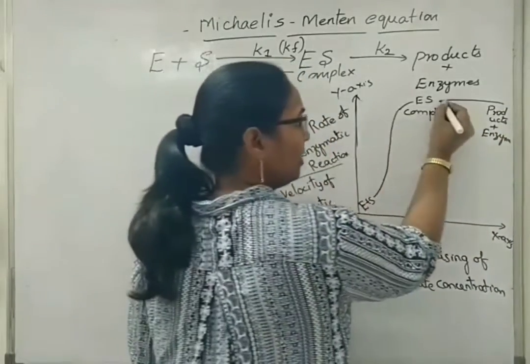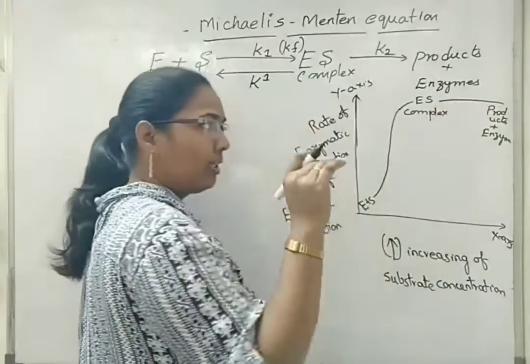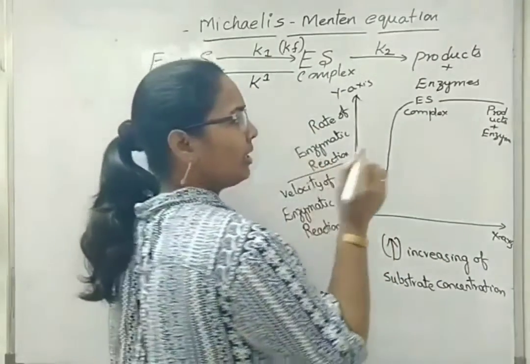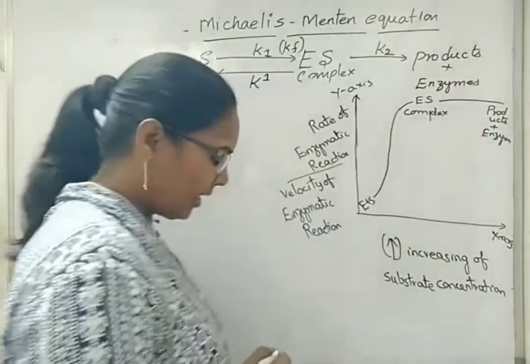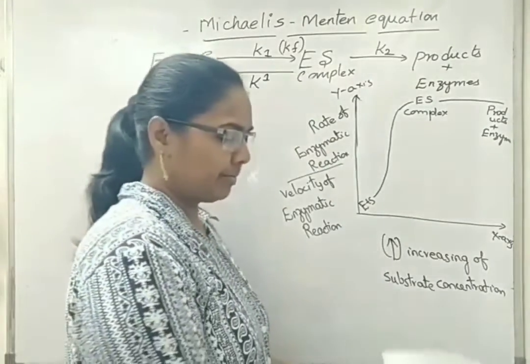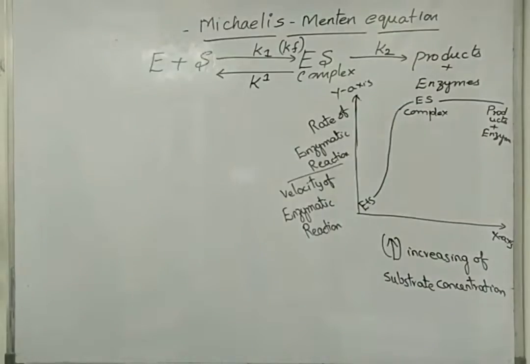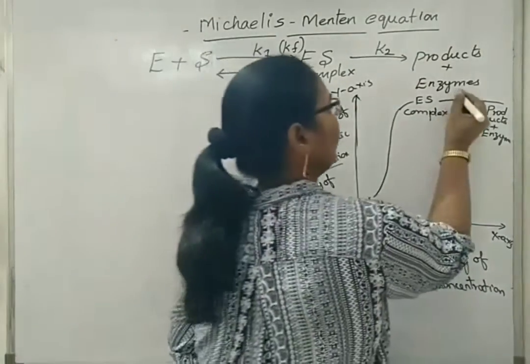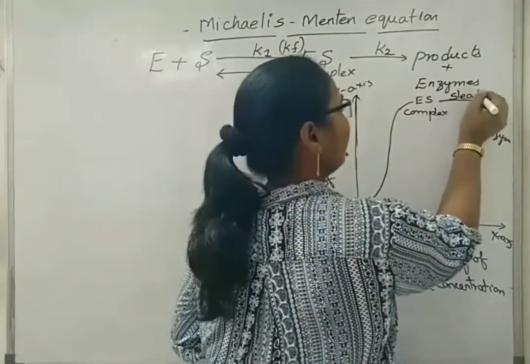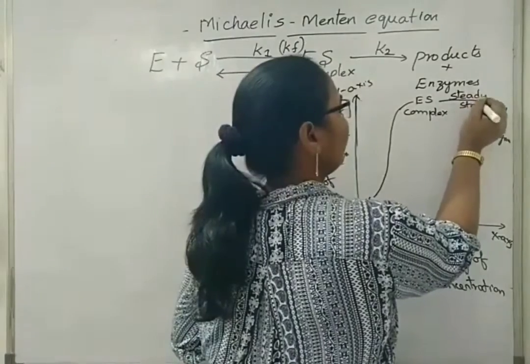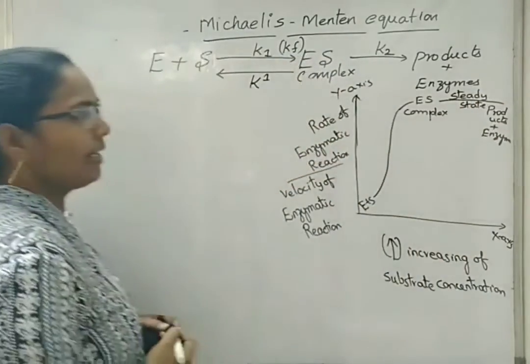The graph which is growing horizontally is called the steady state of the reaction, or the steady state of the graph.